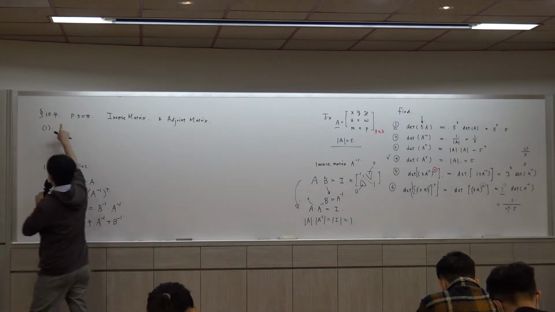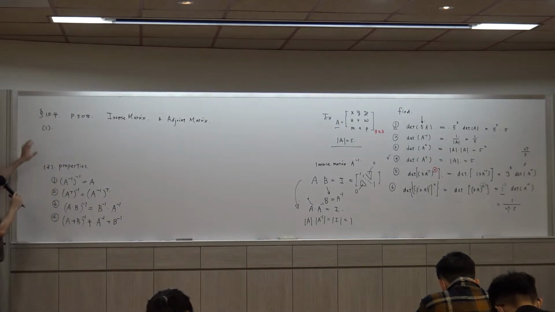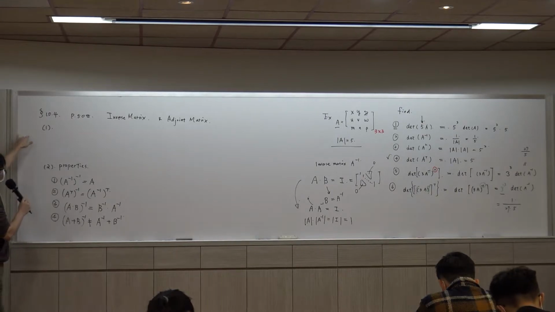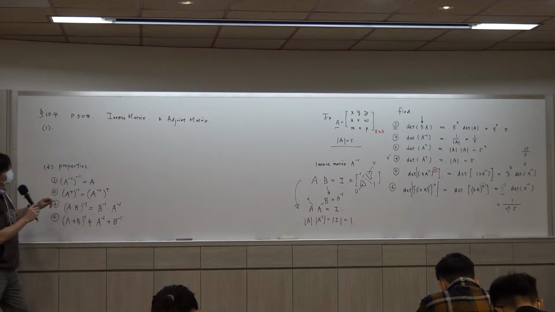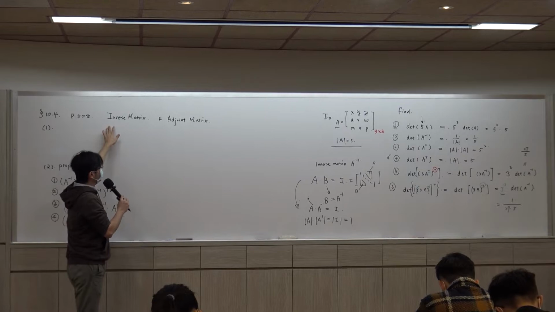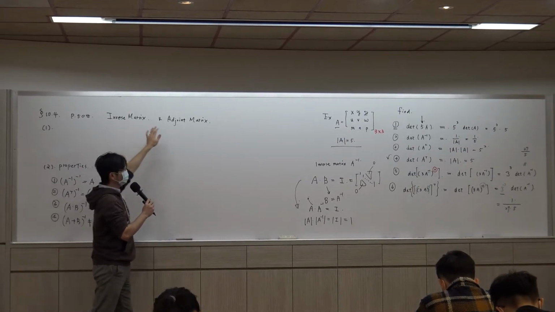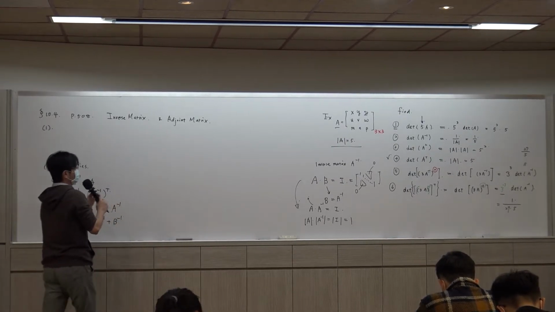Okay, let's move on to the new part, 10.4 in the textbook, page 508. It's relative to inverse matrices and adjoint matrices.